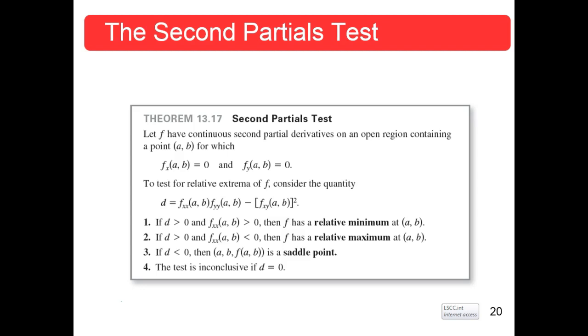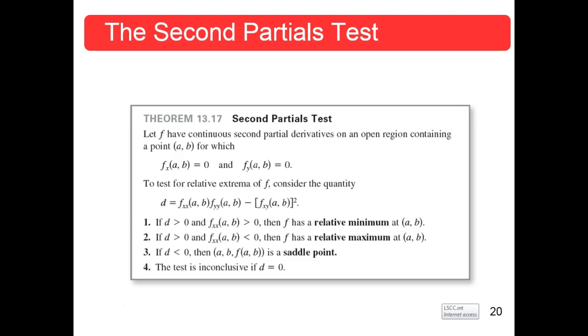It's called the little d, and I can't think that it isn't because it's some sort of a determinant. Okay? Take the second partial of f with respect to x, take the second partial of f with respect to y, multiply those two together at that point (a, b), same point.